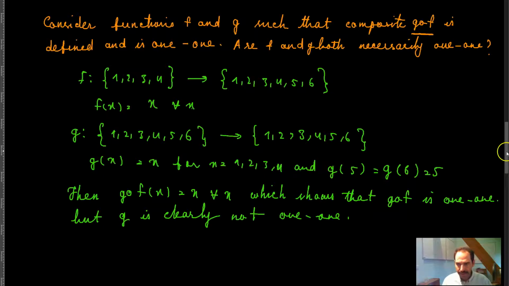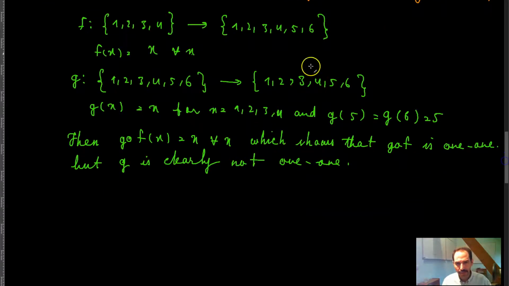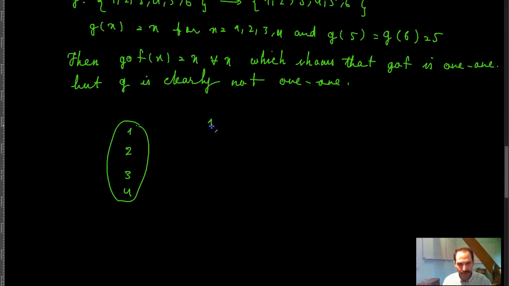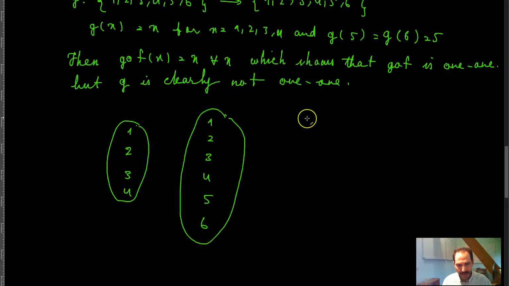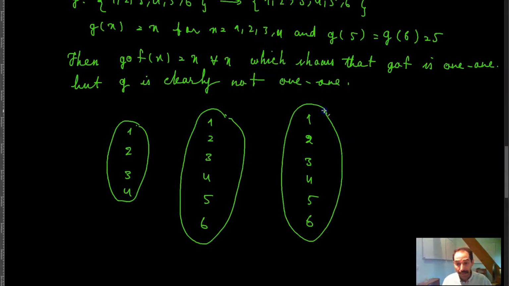And to show you this example using arrow diagrams, let's say that f is a function from {1, 2, 3, 4} to {1, 2, 3, 4, 5, 6}. And then the other function goes from this set to {1, 2, 3, 4, 5, 6}.